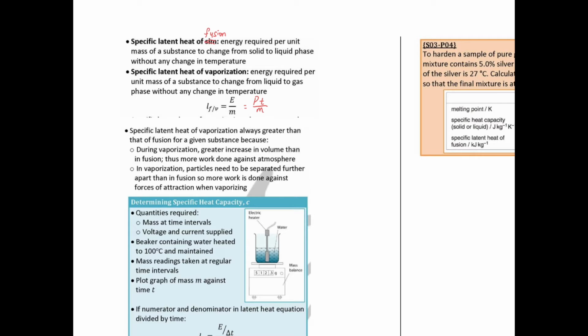Okay, so let's see the next one. Specific latent heat of vaporization, energy required per unit mass. So you see the starting is the same, same definition, of a substance to change from liquid to gas phase without any change in temperature. So it means this is liquid to gas. It's a boiling process.